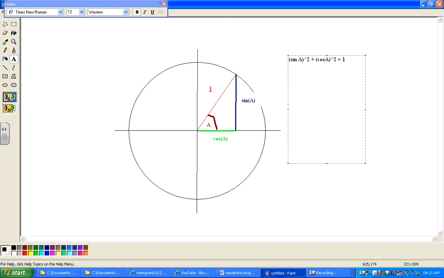Usually you'll see it written in our book as sine squared A plus cosine squared A equals 1. If you're going to put it in your calculator, you'll need the top one.